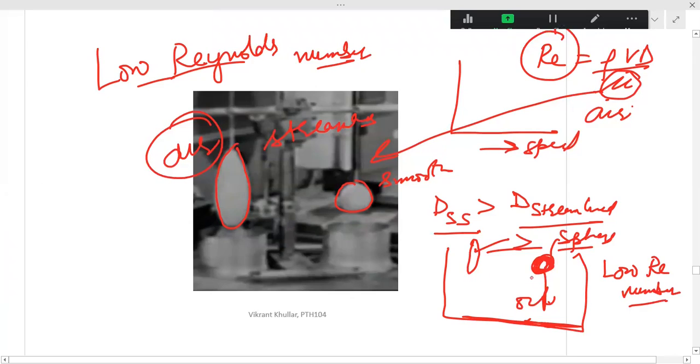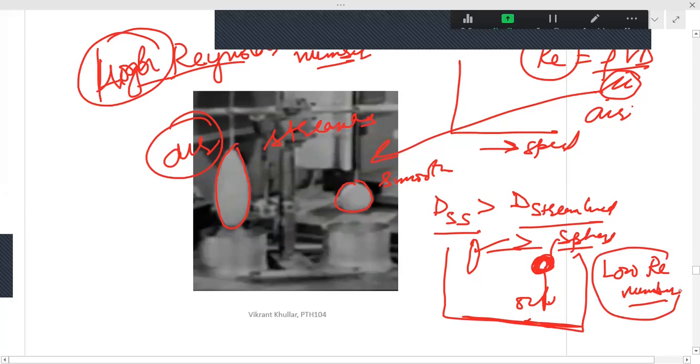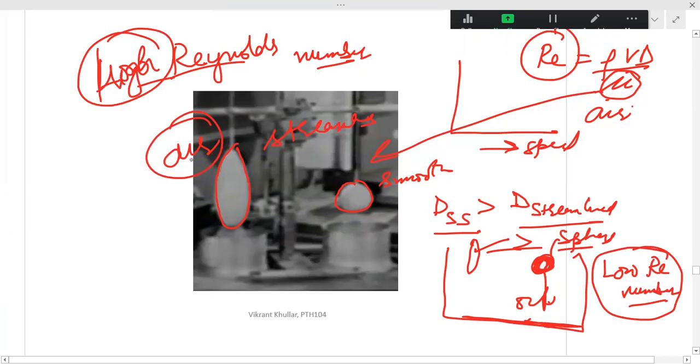What are you saying? Viscous fluid. No, I think I did something wrong here. This should be at high Reynolds number, and this should be at low Reynolds number. So this situation was at high Reynolds number because mu was small, so the Reynolds number was high, and this was the situation at low Reynolds number.